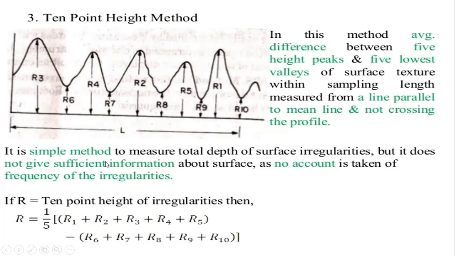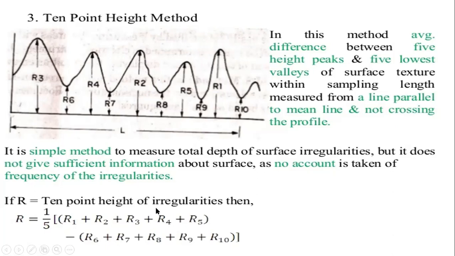There are two types of elements, 5 peaks and 5 valleys, so I am taking the common value as 5. So R equals 1 by 5 into the peak heights, R1 plus R2 plus R3 plus R4 plus R5, and next I take the valley points R6 to R10 and subtract them: minus R6, R7, R8, R9 and R10.